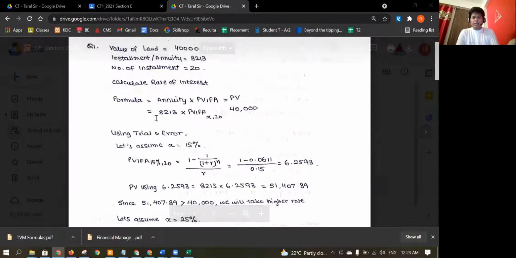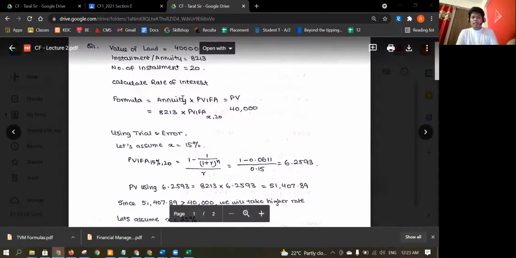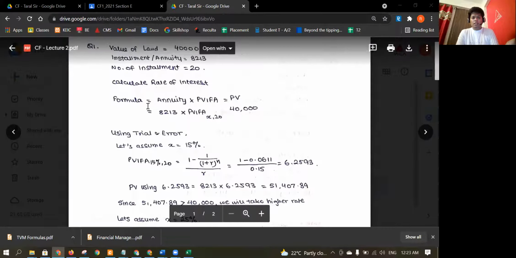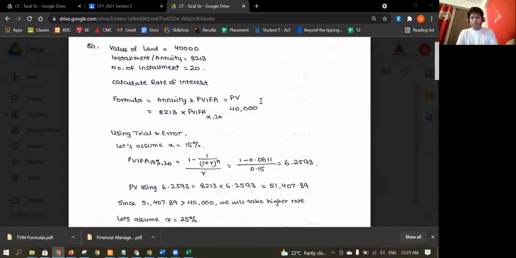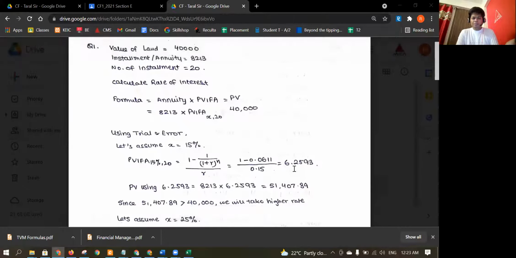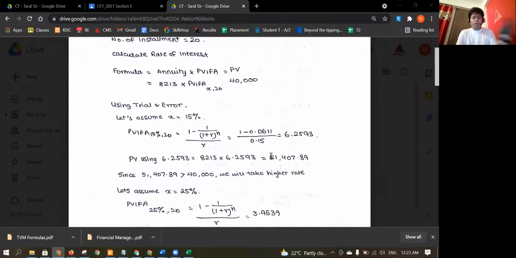For example, here I had taken the rate as 15% for 20 years, calculated the PVIFA and multiplied that with the annuity. So the formula is annuity into PVIFA equals present value. Now you put 8213 into this PVIFA, and that gives you the present value of the cash flow.